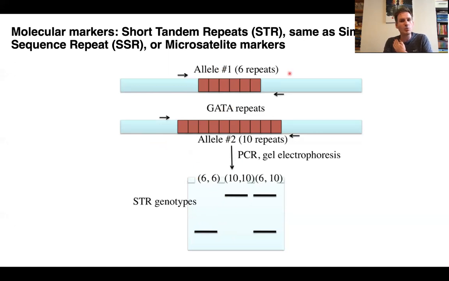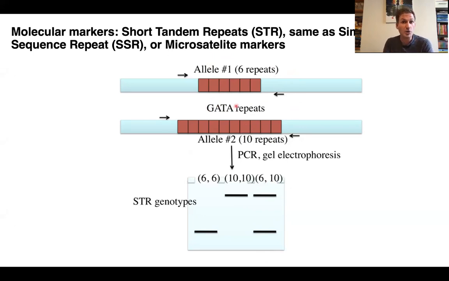But let's say we made a hybrid between these 2 plants, and we looked at their offspring. We isolate the DNA out of the offspring, and we run PCR. We would see a collection of 2 bands, because on one chromosome they have allele 1, which has 6 repeats of GATA, and on the other chromosome they have 10 repeats of GATA.